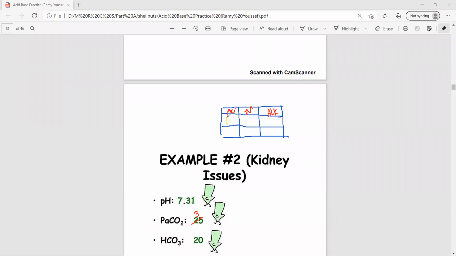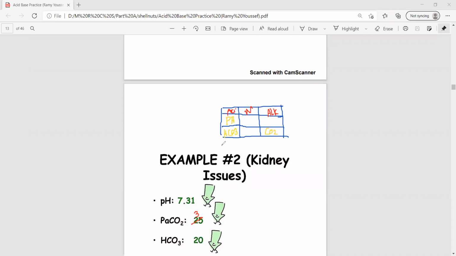The carbon dioxide is alkalosis. And the bicarbonate is acidosis.